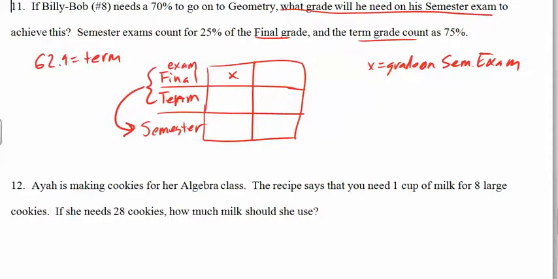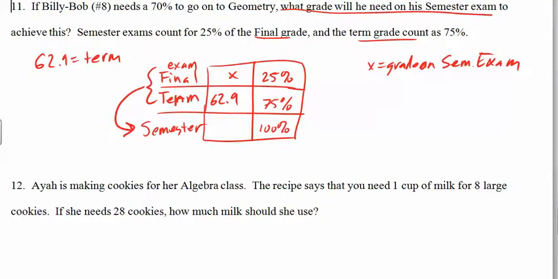That's what my variable should be. All right, the term grade was 62.9. Now here we've got a 25% weight for the final exam, and then the term grade is 75%. All right, and so the total weight, if we put those two weights together, will be 100%.